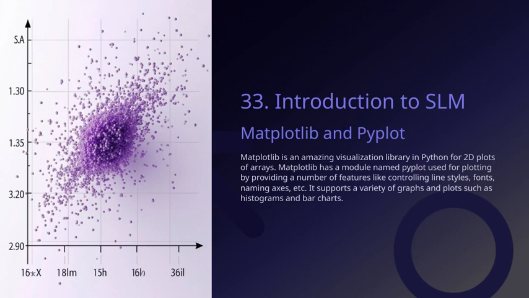Connecting this to our overall theme, mastering Matplotlib and pyplot equips you with powerful tools to visualize data effectively, which is a crucial step in analyzing and communicating insights. So, as we progress, keep in mind how these visualization techniques will help bring your data stories to life.